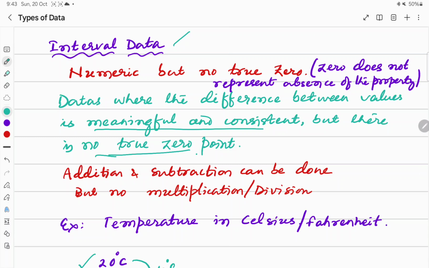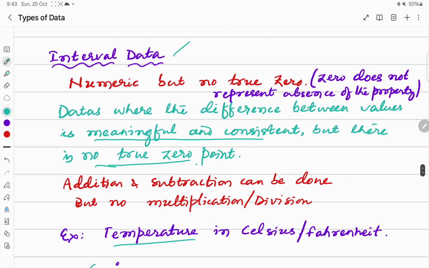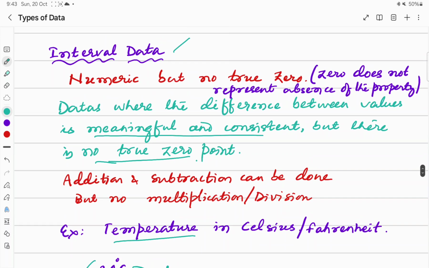No true 0 means 0 does not represent absence of the property. Suppose we take this example, temperature. Temperature is a type of interval data. So when temperature is 0 degrees Celsius, that is also a data. You cannot say that there is no temperature or there is absence of temperature.